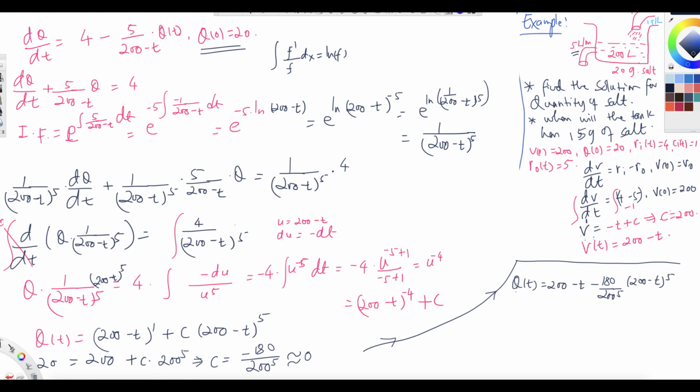So what I'm doing here is, when will the tank have 15 gram of salt after t minutes? Then what happens is Qt equals to 200 minus t. I'm ignoring this because this is a very, very small number.